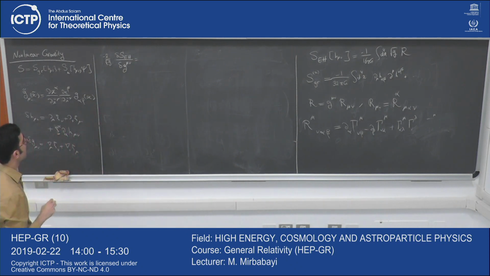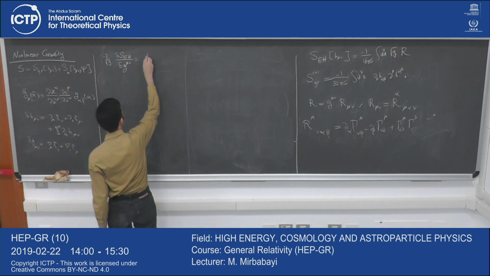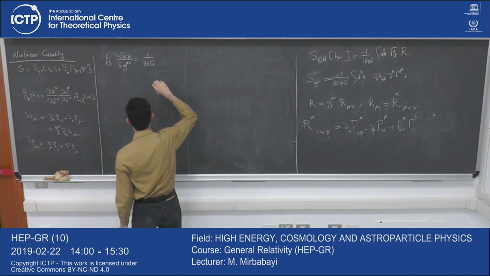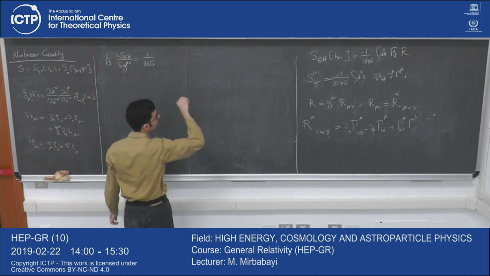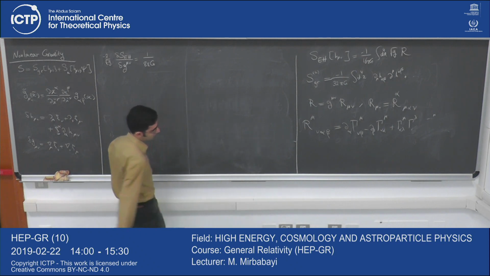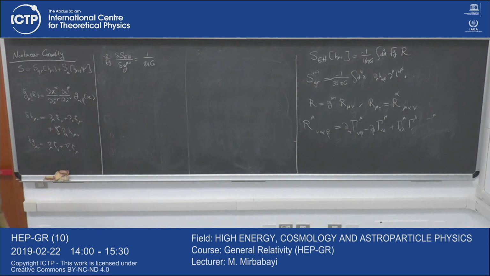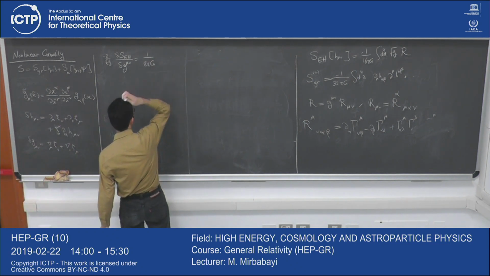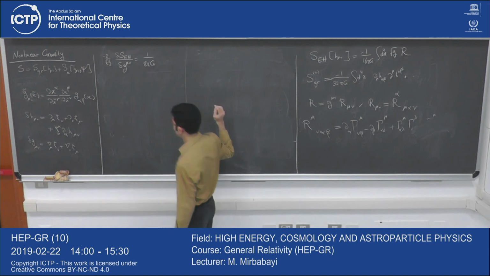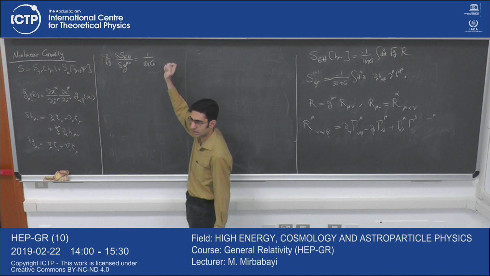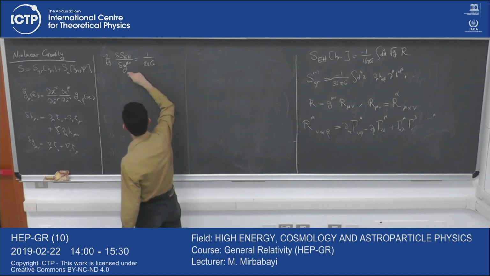We get 1 over 8 pi G. Again, at this moment, the derivation of this might look terribly complicated. So just accept it. Later, we will see a relatively compact derivation of the result that I'm going to write.